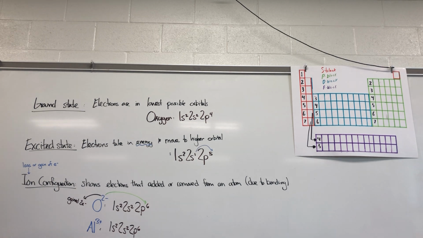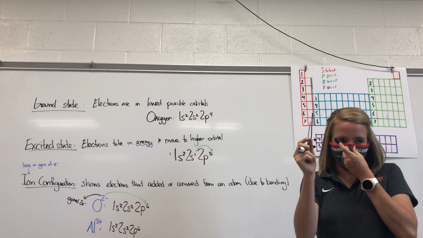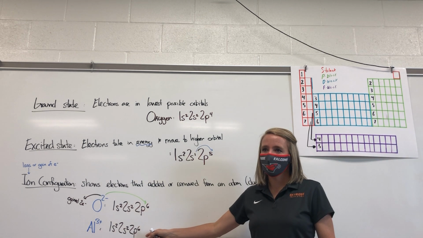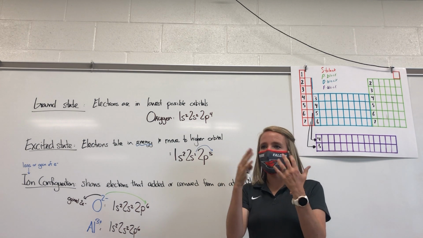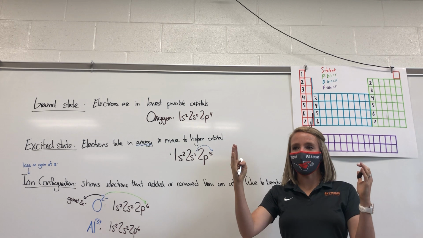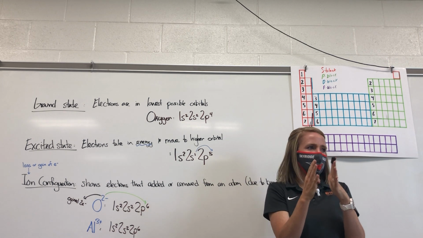So, Winston, do you remember how you phrased your observation? What did you notice about aluminum? That when you take it away, it's just neon. Yeah. So I noticed there's a few ways you can write ion configurations. A lot of you wrote out aluminum's and then took them away, and in doing so you landed right on neon.